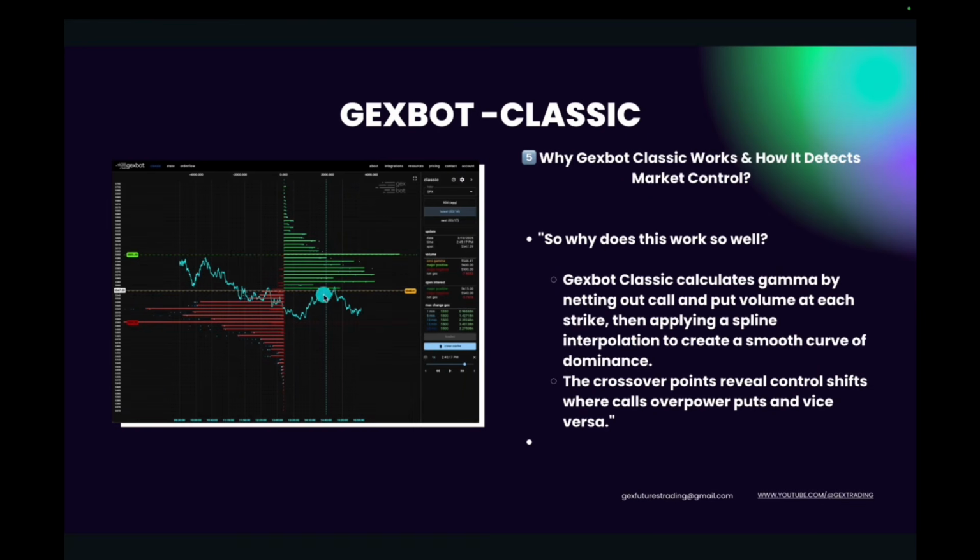They create a smooth curve, which is the curve of dominance, and they have some crossover points that reveal control. So basically, when the price crosses that spline curve from below to above, that is telling me the control is now on the upside.